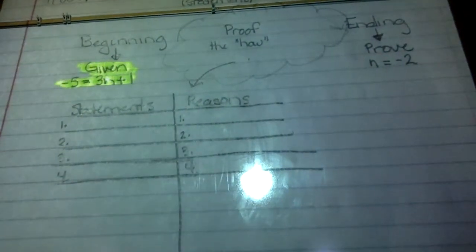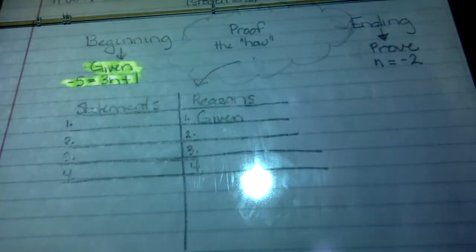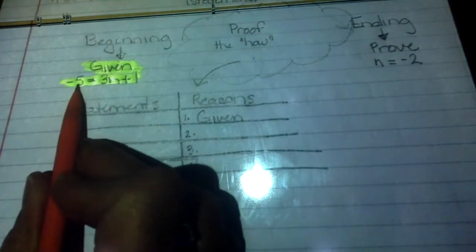This given is our first row of information. The reason is the given, the word given. And what I'm provided with is my statement.